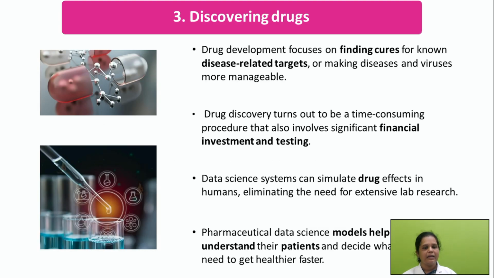The next one is the discovery of drugs. In drug discovery, how the drugs are manufactured, what chemicals or molecules are used, and the various combinations of molecules can all be worked out with the help of predictive analytics.